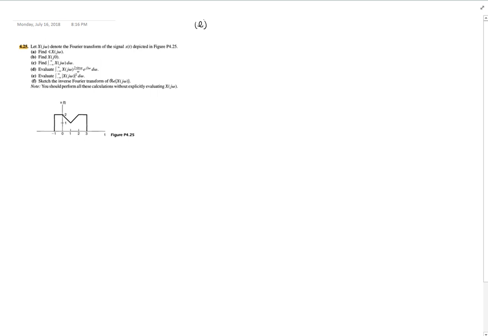And now we look at question D. If we look at this giant equation, we may be scared by it, but don't worry. This thing inside the integral, we can consider it as some signal H(jω).